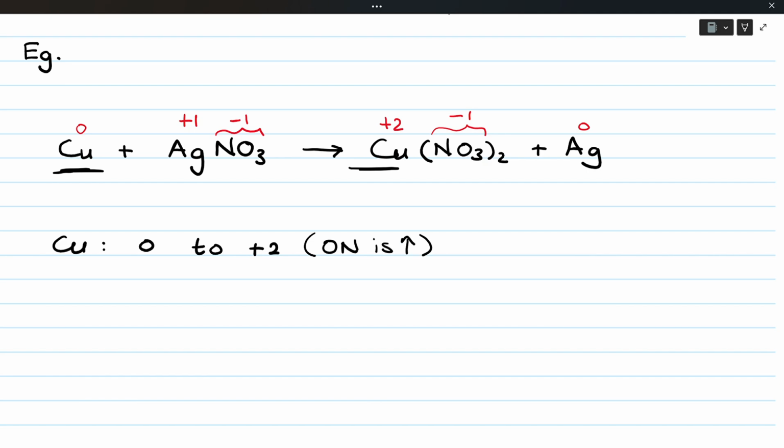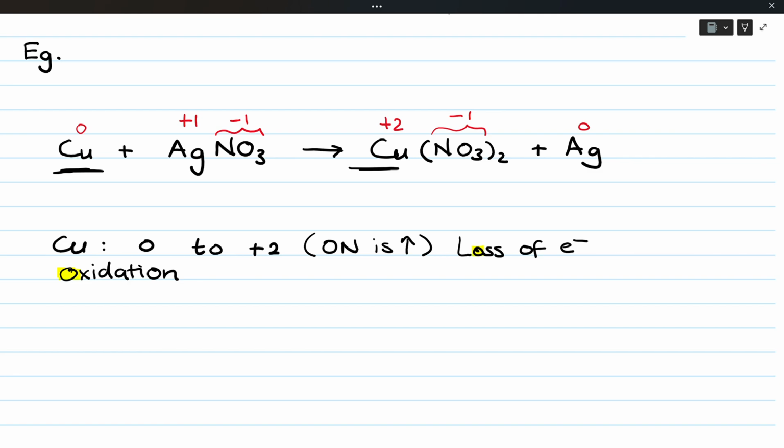The only time your oxidation number can increase is if there is a loss of electrons. And what is this regarded to be? This is going to be an oxidation. So copper is undergoing an oxidation reaction. How did I know that? Because remember that rule we learned? Oxidation has an O, loss has an O, so we know it's oxidation.